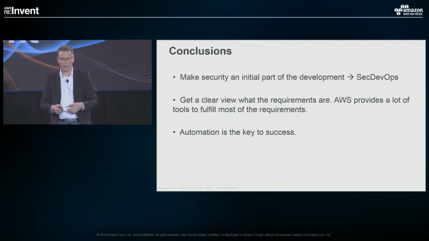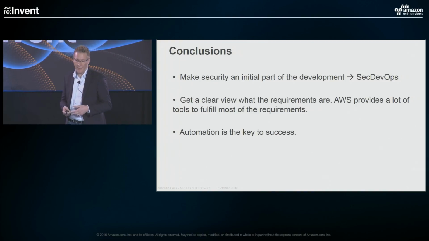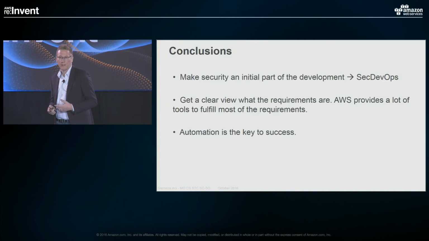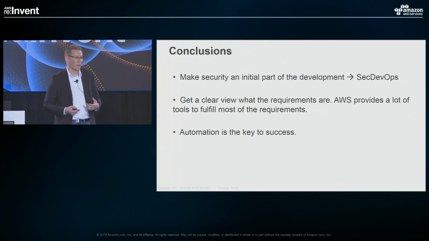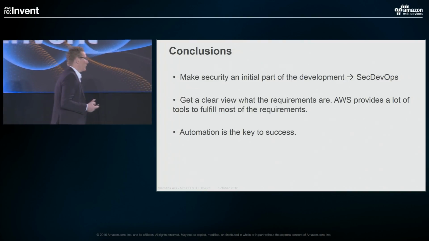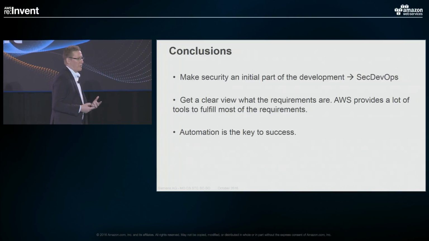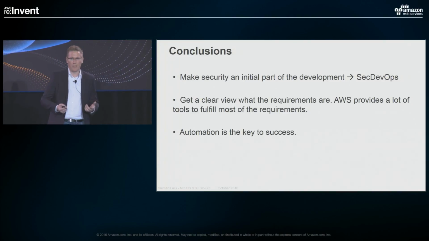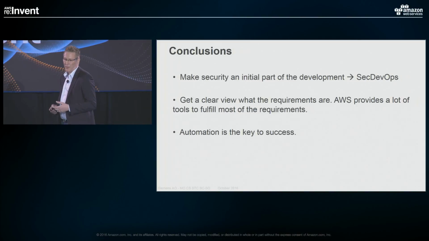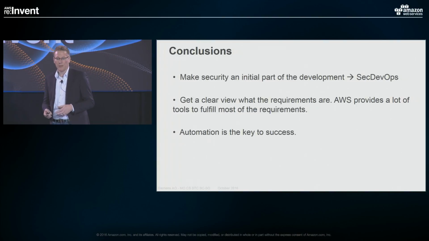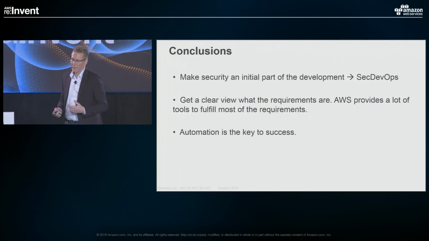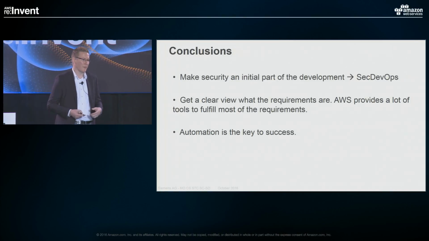And you heard it in the last sessions, I think, enough, but automation is the key to success. Do everything automated. Try to keep human beings out of important things like the production environment. You can do it on development, on the sandbox accounts, but on the production environment, everything has to be automated, and that, I think, is our key to success.